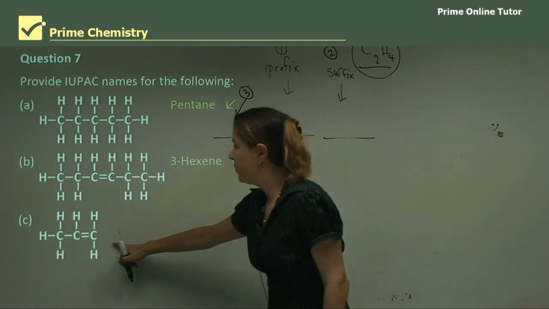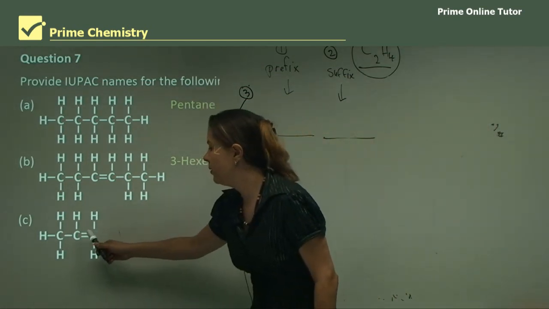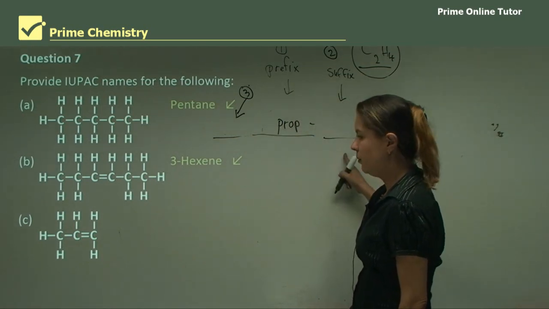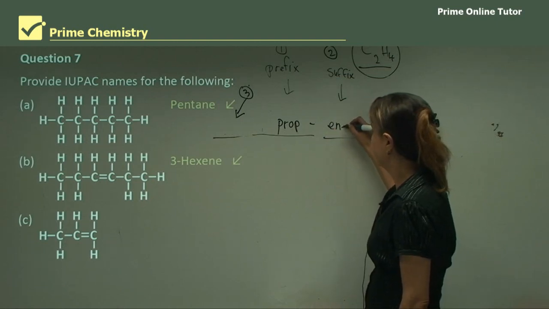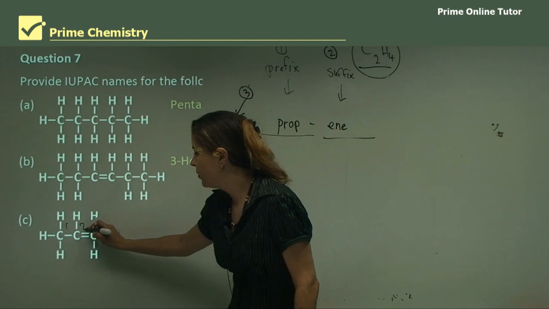So the final one, part C, start with the carbons. Meth, eth, prop. So prop. What's our ending? Double bond, alkene, propene. Now, we always have to look and count the carbons. 1, 2.